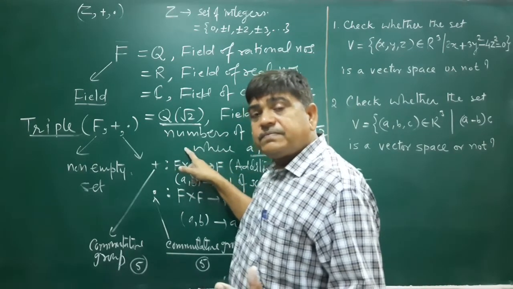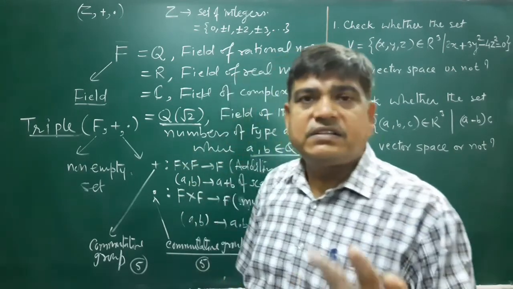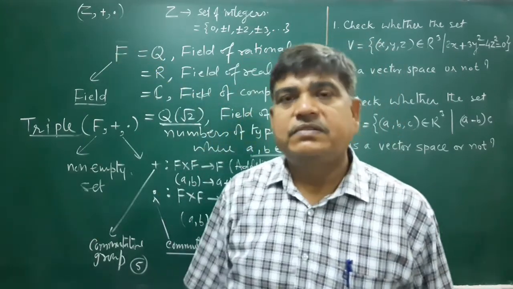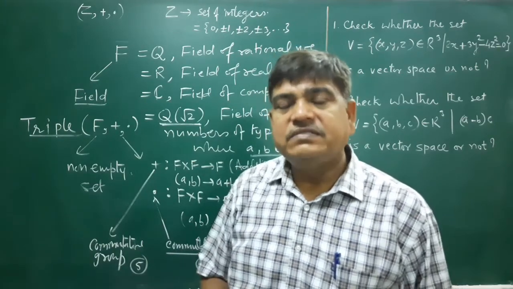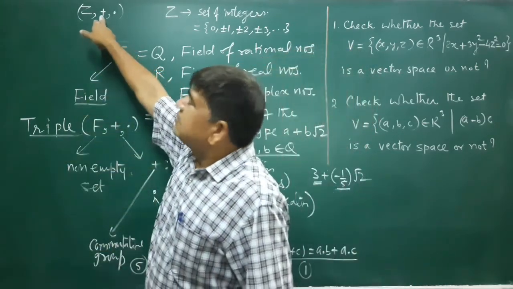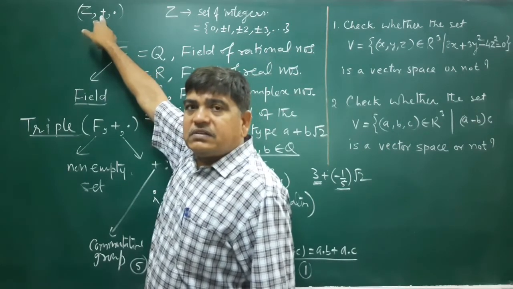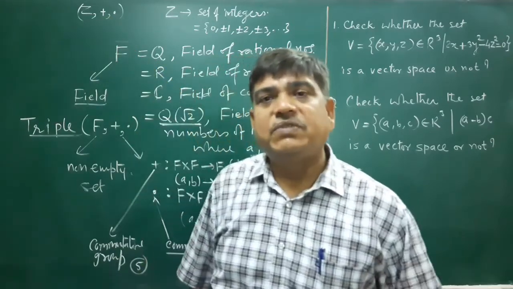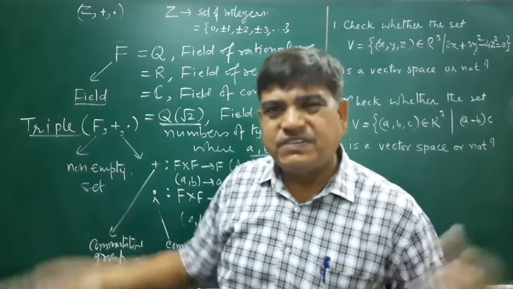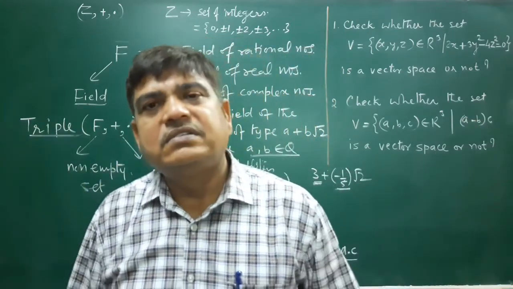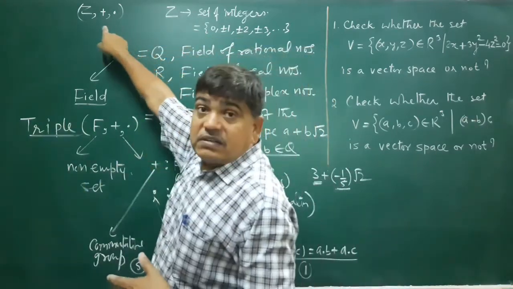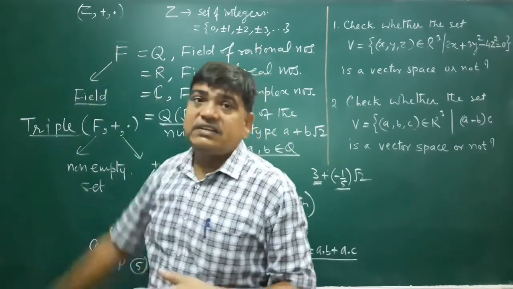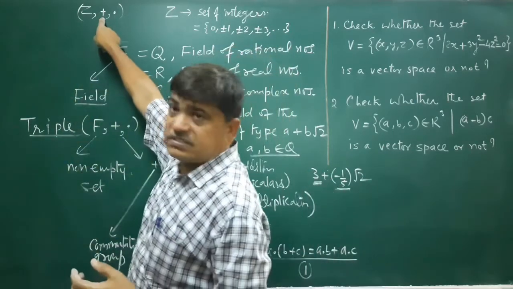the best way is, first you verify the closure property of these two compositions. Suppose while simplifying this one, then we have to prove this is a commutative group with respect to addition. Then closure property, associativity, identity, inverse. Suppose it is satisfied. Then I say Z is an abelian group with respect to this.